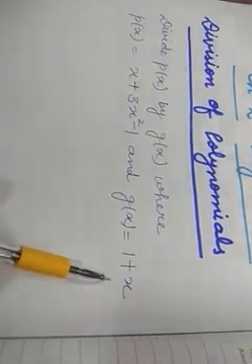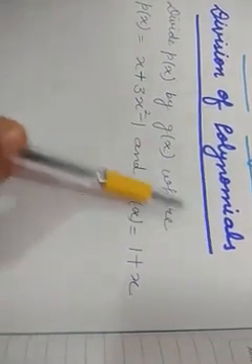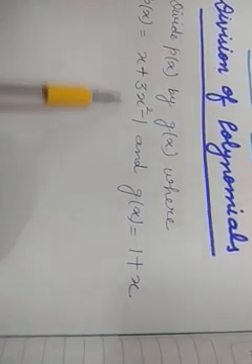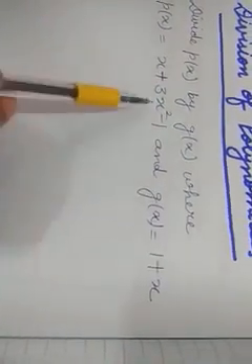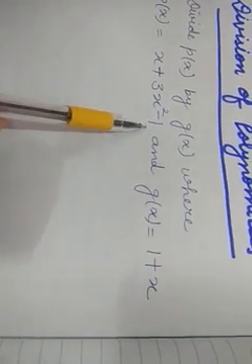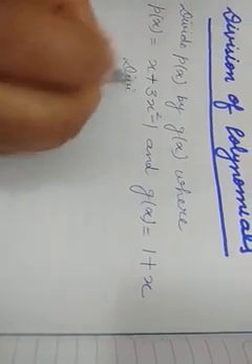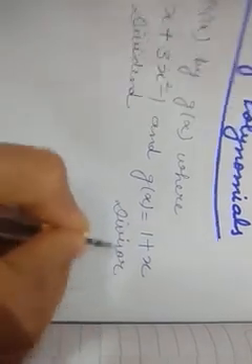So what is the method of division of polynomials? To divide polynomials, first of all, what is your first step? These both, px and gx, that means which is your dividend, which number is to be divided, that is known as the dividend, and by which number we are dividing, that is known as the divisor.